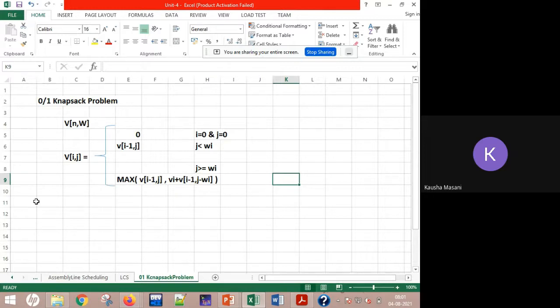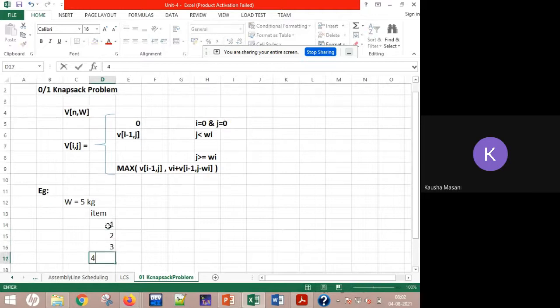Okay, let's go with one example. I have to obtain an optimal solution for my given knapsack where the capital W value is 5 kgs. The items provided to me are four items: one, two, three, and four.